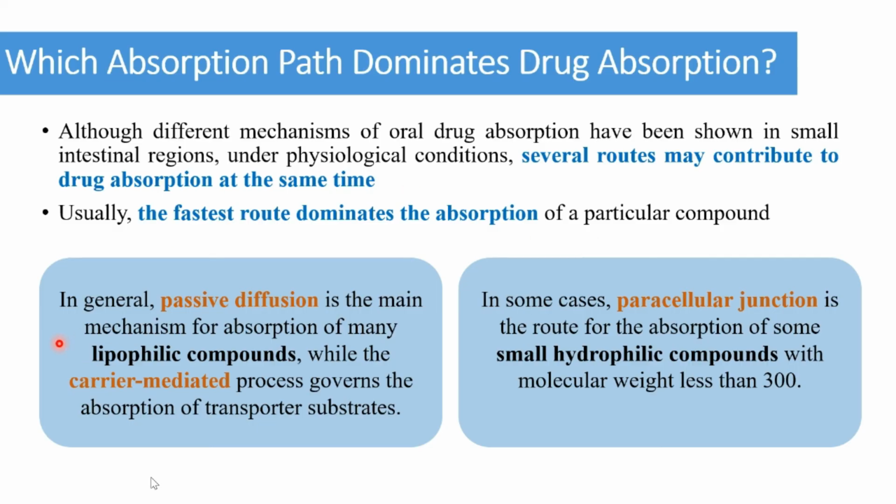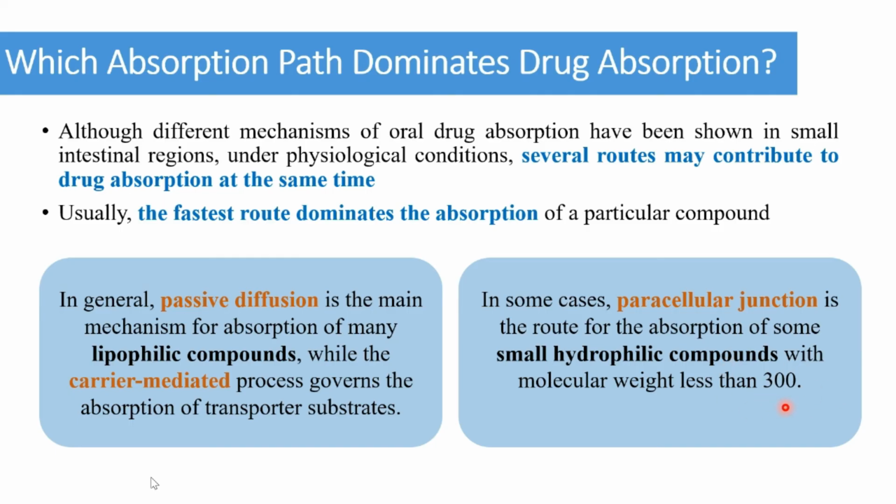So in general, passive diffusion is the main mechanism for absorption of many lipophilic compounds, while the carrier-mediated process governs the absorption of transporter substrates. And in some cases, the paracellular junction is the route for the absorption of some small hydrophilic compounds with molecular weight less than 300.